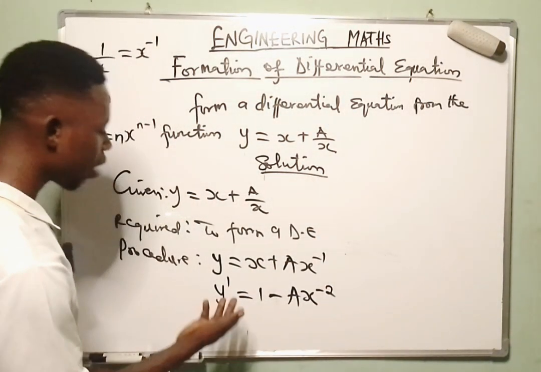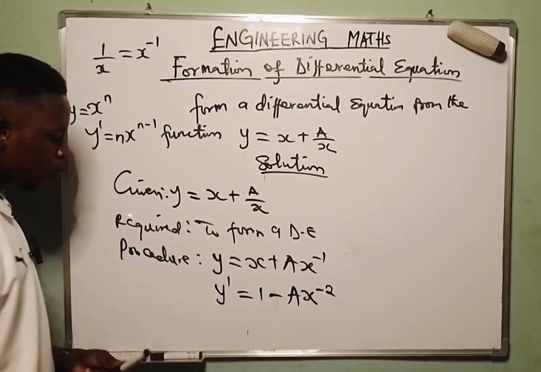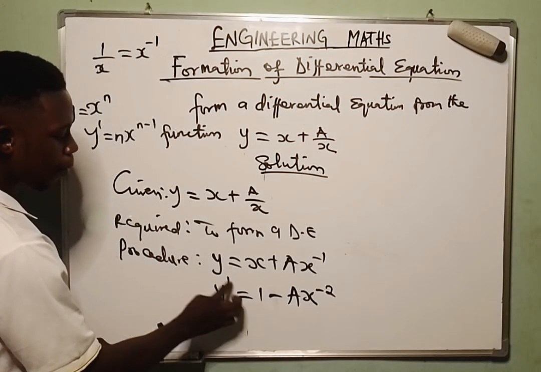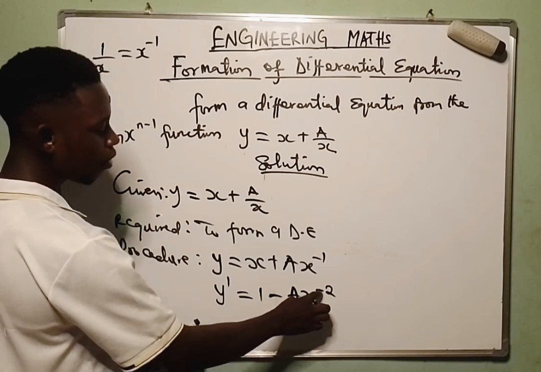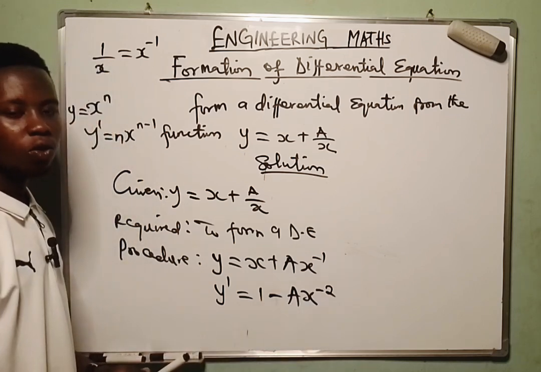Now what else are we expected to do? We have y prime equal to 1 minus ax raised to the power of minus 2.